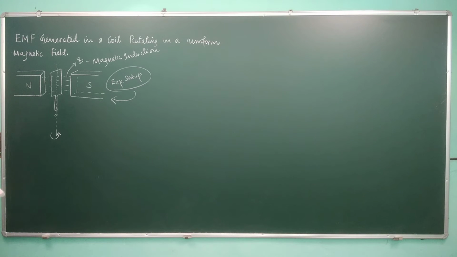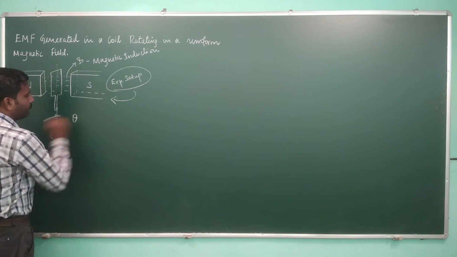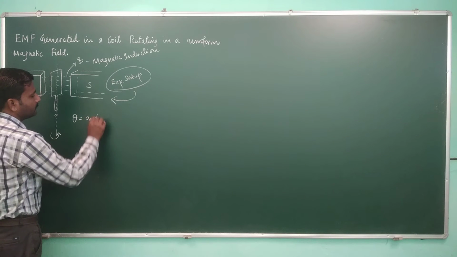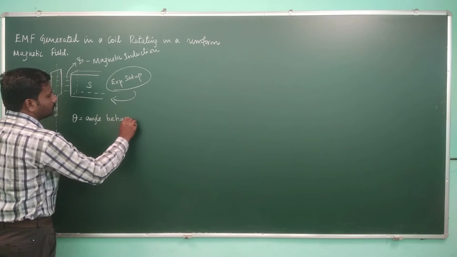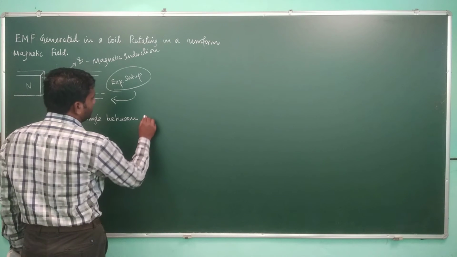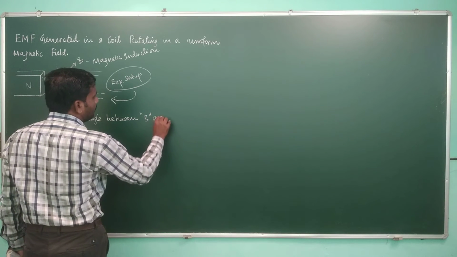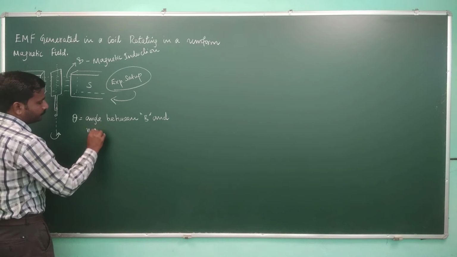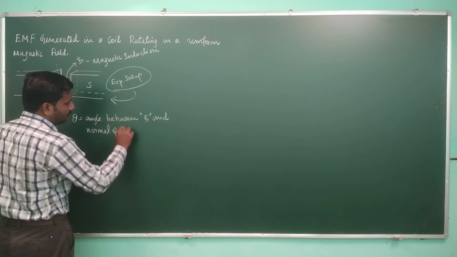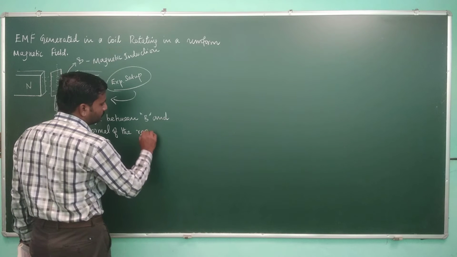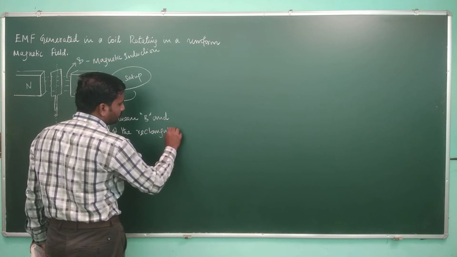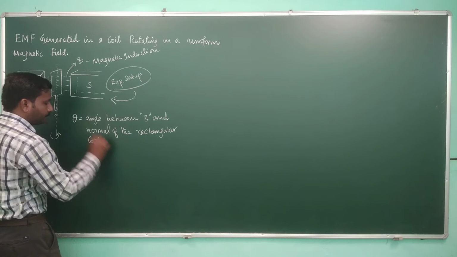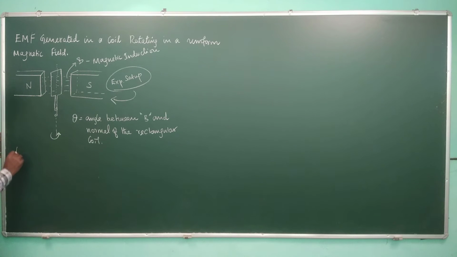In that situation, theta is the angle between the magnetic field lines B and the normal of the rectangular coil. For the situation just discussed, theta becomes 0.